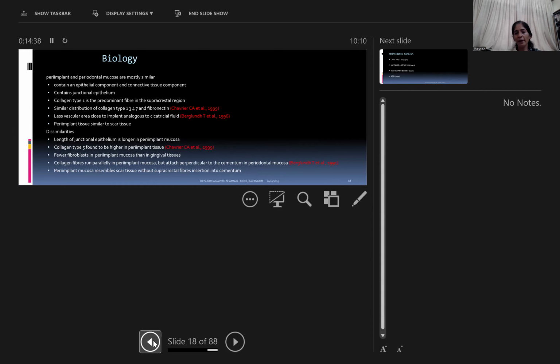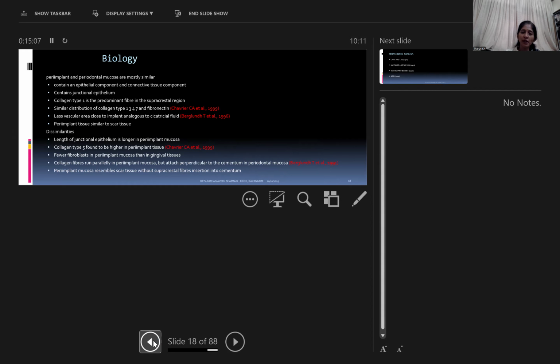Only that in the implant supported mucosa, you have more of collagen type 1, whereas in the periodontium, you have collagen type 1, type 3, and type 5. And also, we have fewer fibroblasts in the implant supported mucosa as opposed to our periodontium.